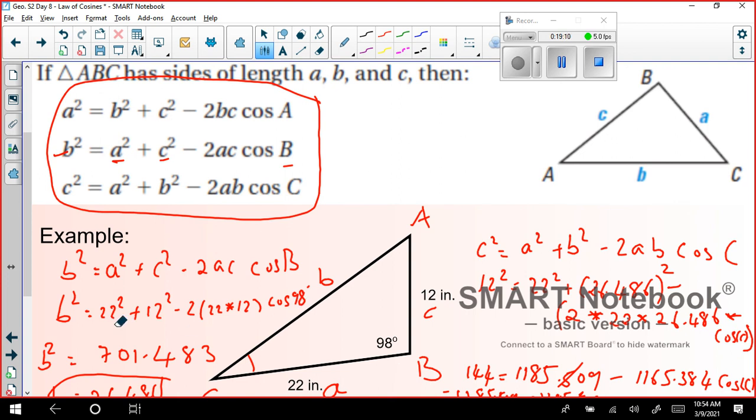Further simplify this, 22 square plus 12 square. Put this whole thing in the calculator, but make sure you put proper brackets. Whenever you put this in the calculator, make sure you put it as it is, otherwise you may end up getting a different b square. You'll need a parenthesis for cos.